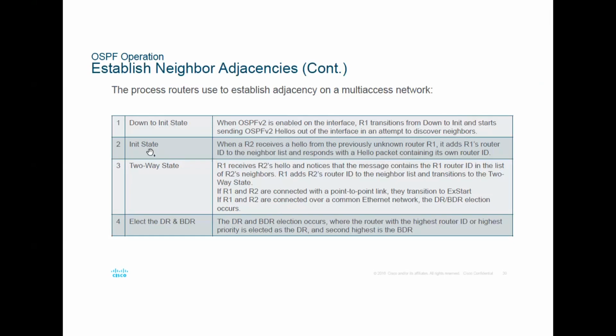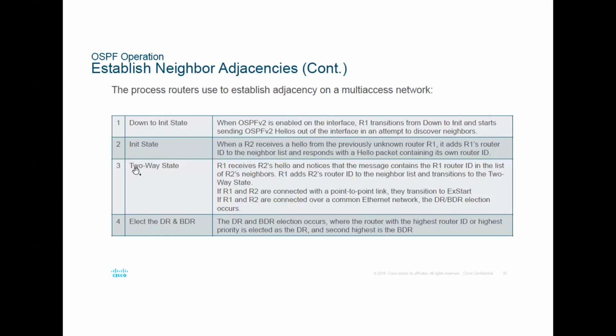In the Init state, when R2 receives a hello from the previously unknown router R1, it adds R1's router ID to the neighbor list and responds with a hello packet containing its own router ID.